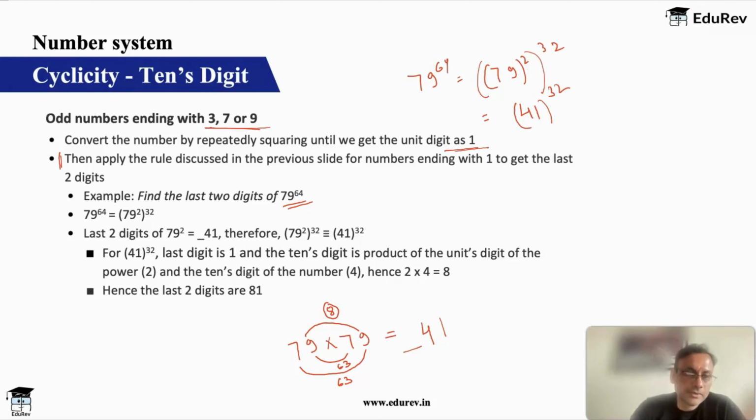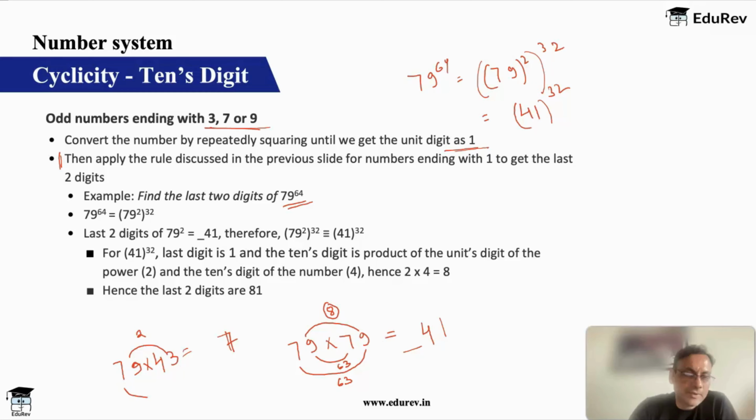Let me take another number, 79 into 43. It is not a perfect square, but understand this concept. The first place will be 9 into 3, the units digits, so 9 into 3 is 27, and you have a carry of 2.